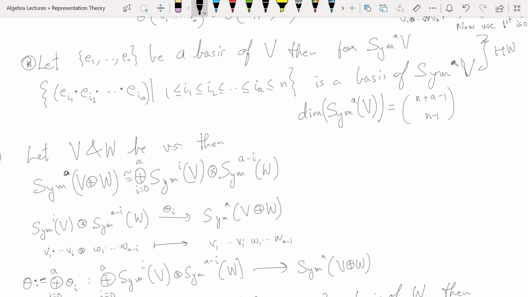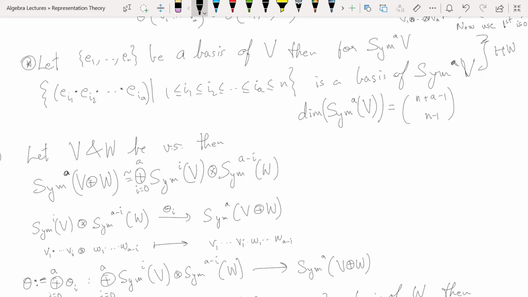So you have to divide 1 to n, so that I1 will divide it into one part, I2 into two parts, so A plus 1 pieces.